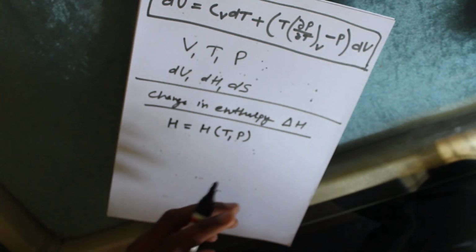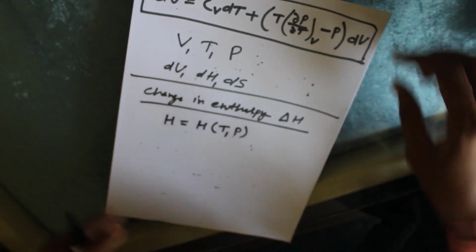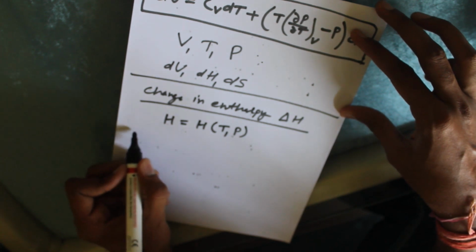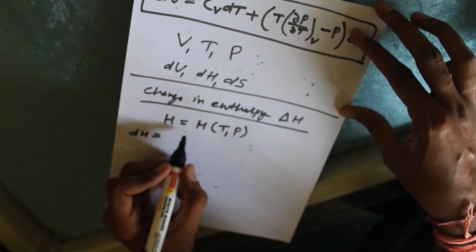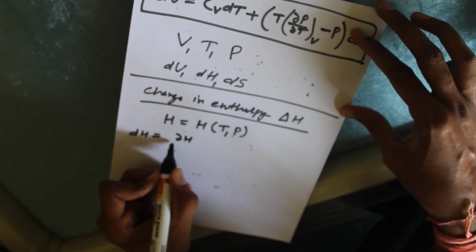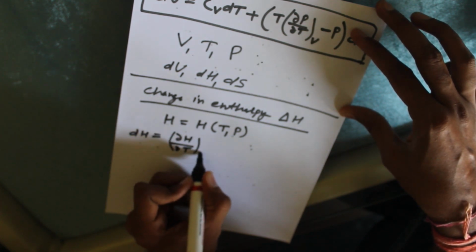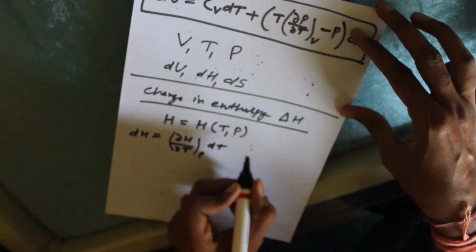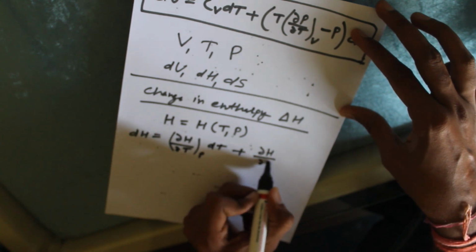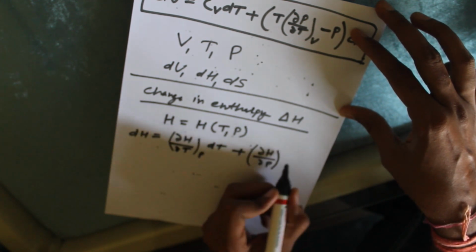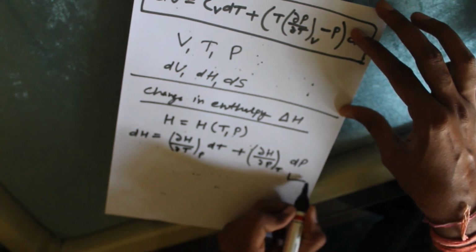Similar to previous example, differentiate this enthalpy term, then the change in enthalpy will be equal to the differentiation of first function del H by del T at constant pressure dT plus the differentiation of second term del H by del P at constant temperature dP. Let's say this one is equation 1.